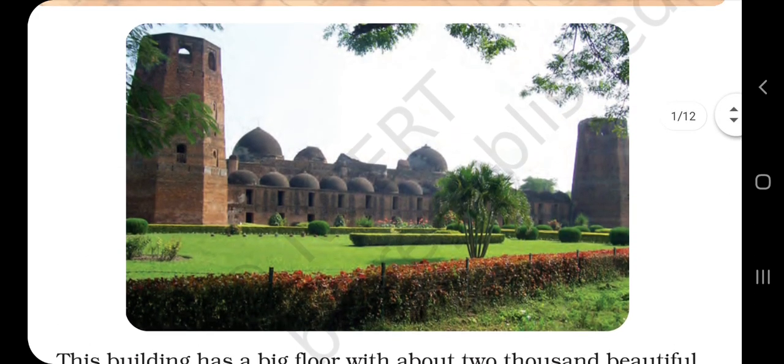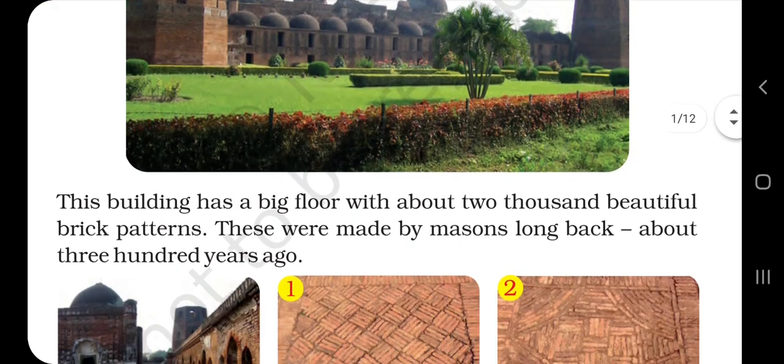This is the old tomb of Murshid Kuli Khan, and this building has a big floor, made with 2000 beautiful bricks, and it was made 300 years ago.